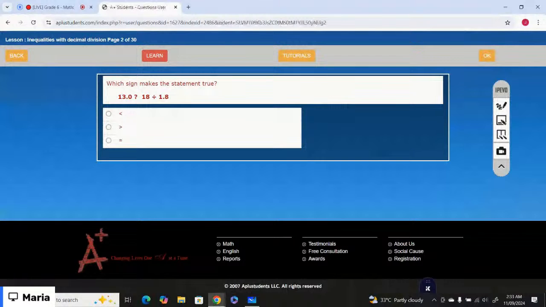Okay, so which is the correct option? 13.0 or 18 divided by 1.8, which is the correct option?